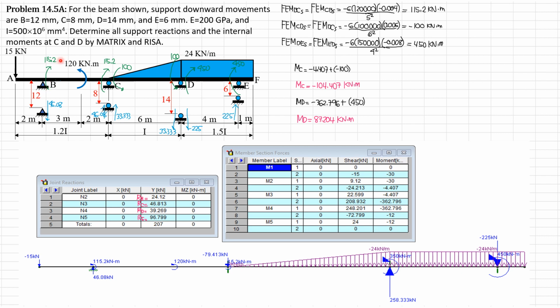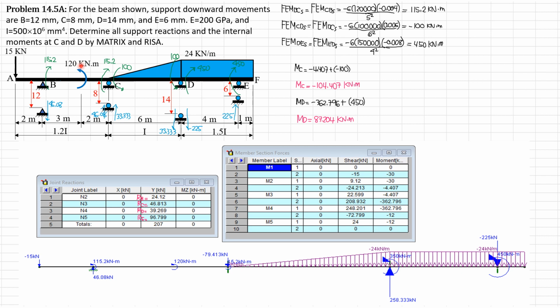Since we have 115.2, the fixed force here should be downward. And this is obtained as fixed force FBC times 5, summation of moments about C, that's counterclockwise, plus 120 equals 115.2 times 2.